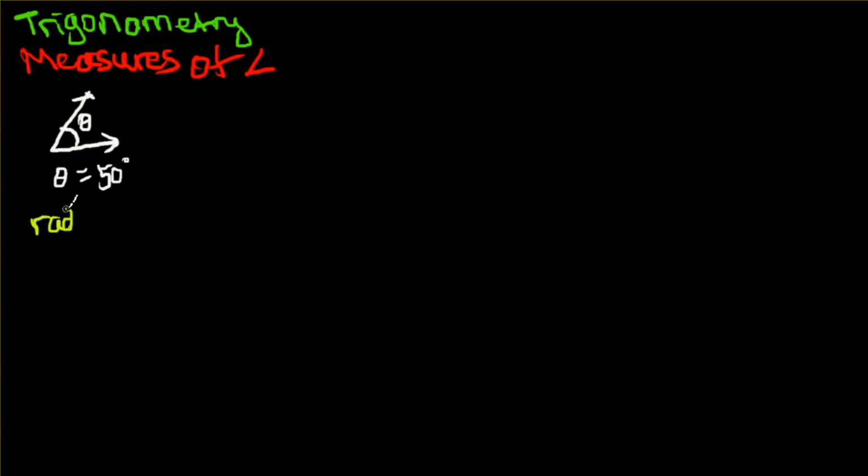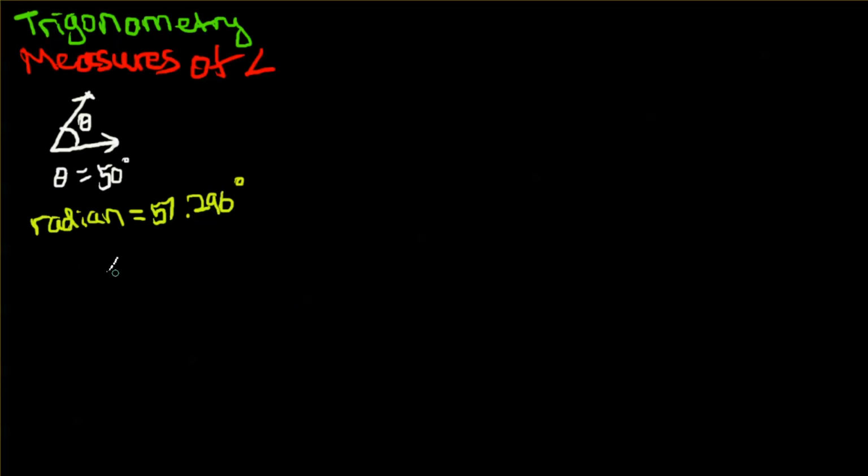Now, one radian is approximately equal to 57.296 degrees. Let me explain to you why that value is so strange. Let's say we have a circle.